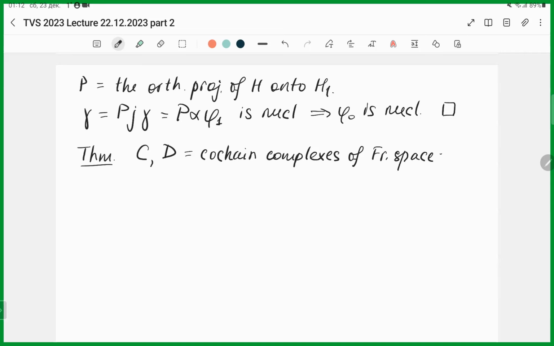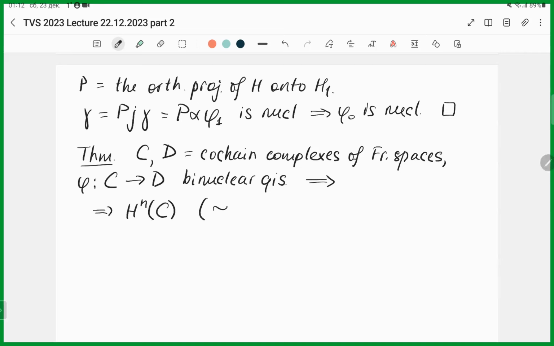And suppose that phi is a binuclear quasi-isomorphism from C to D. I claim that in this case, the cohomology of C, or equivalently the cohomology of D, is finite dimensional. H^n of C, or equivalently H^n of D, is finite dimensional.